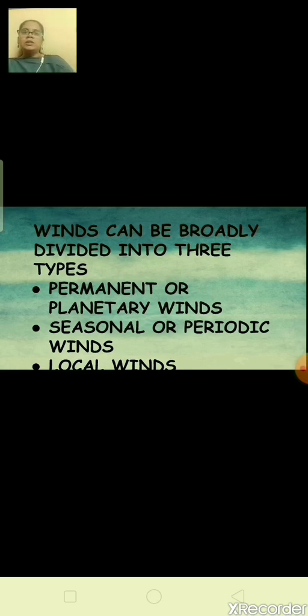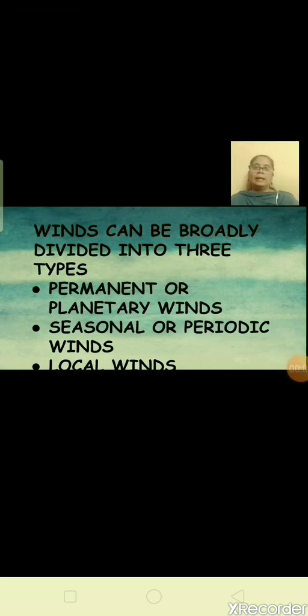These winds originate due to the presence of permanent high pressure and low pressure belts on the surface of the earth. The main types of planetary winds are the trade winds, the westerlies, and the polar winds.